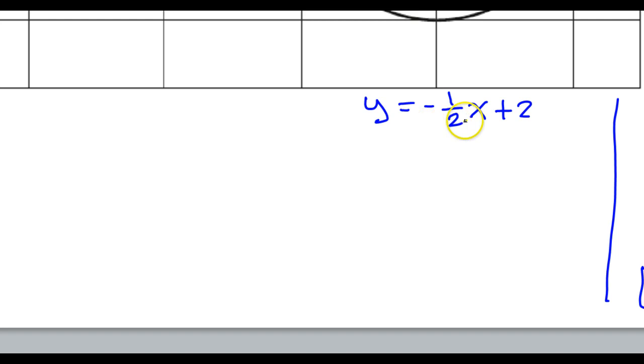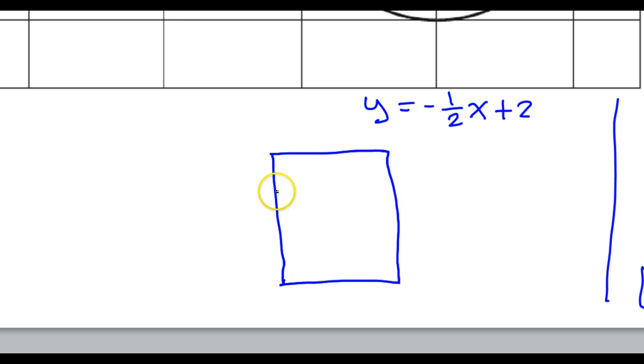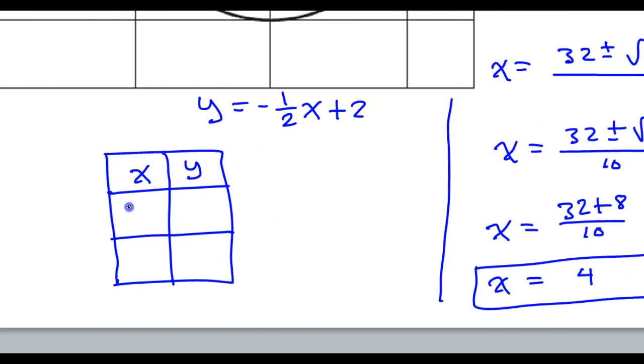So knowing y equals -1/2 x plus 2, I encourage you to make a chart, an xy chart. Okay, so we have x and y. So let's use this to organize our work. So we'll put our x's here and we'll figure out our y's here. So our x's were 4 and 2.4.